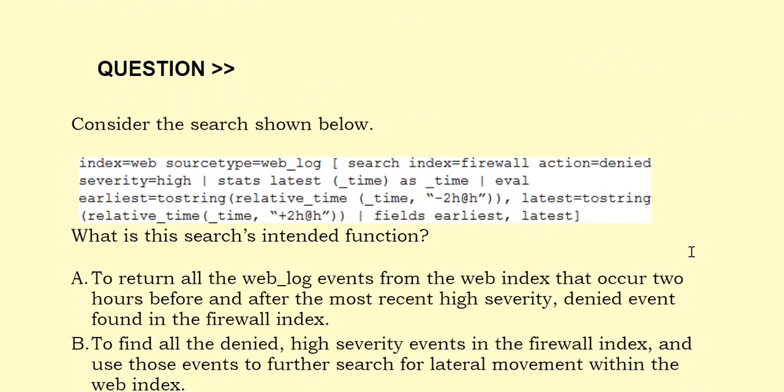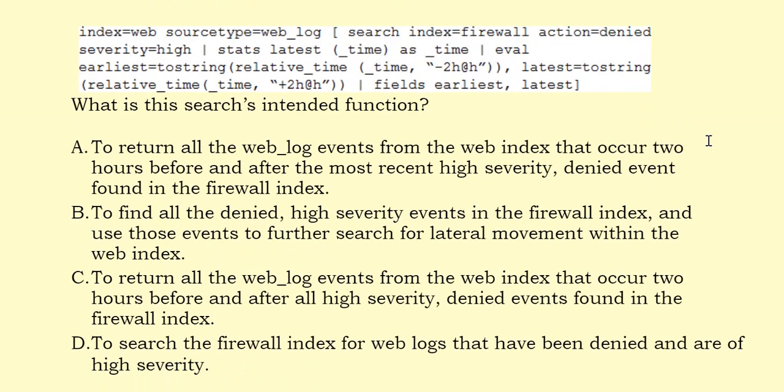Our next question is, consider the search shown below. Please have a look. What is this search's intended function? Option A. To return all the web_log events from the web index that occur 2 hours before and after the most recent high severity denied event for the firewall index. Option B. To find all the denied high severity events in the firewall index and use those events to further search for lateral movement within the web index.